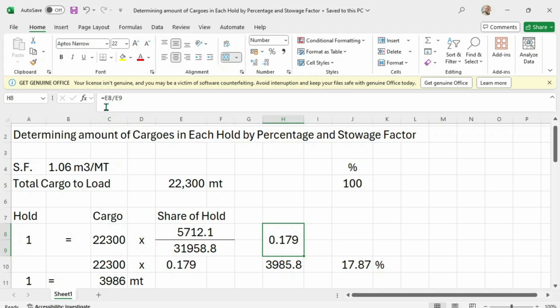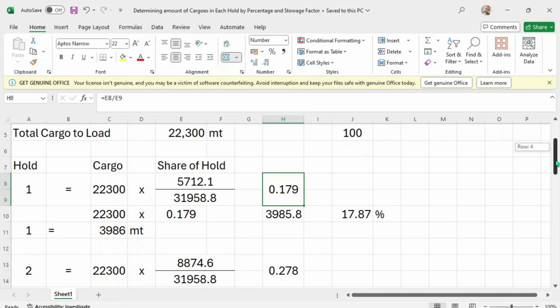It says here E8, which is this one, divide your E9, and you will get this value. From this one, percentage 0.17, multiply by your total cargo, and you will get the value of cargo in metric tons, how much you're going to load in hold number 1. Okay, so round it up, that will be 3,986, and that goes with hold number 2.